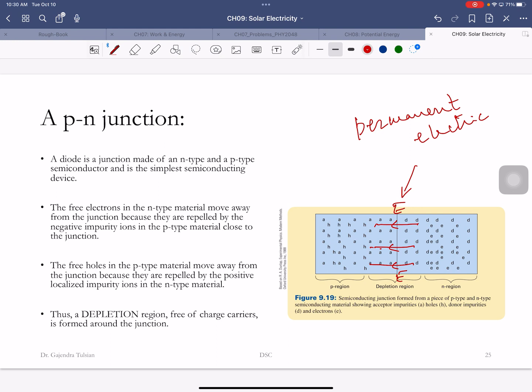And now you've solved your problem. How did we solve our problem? Okay, now we're going to shine sunlight here, and in this region, you create an electron-hole pair.